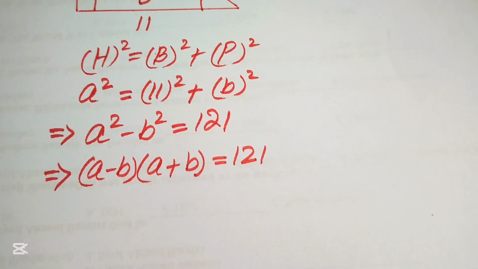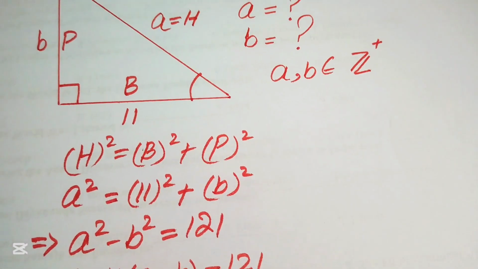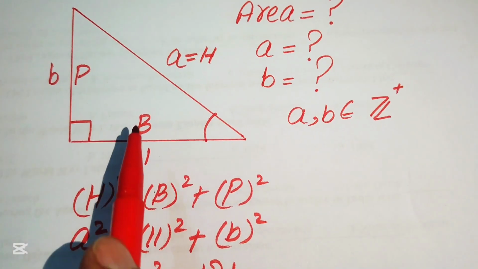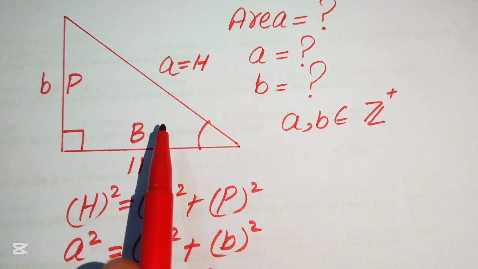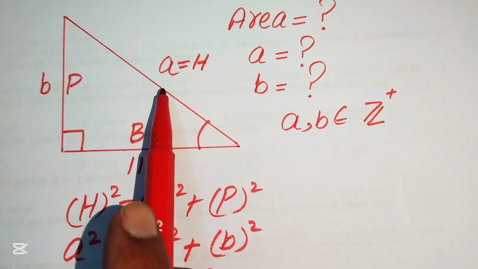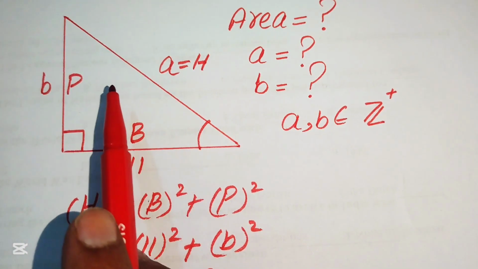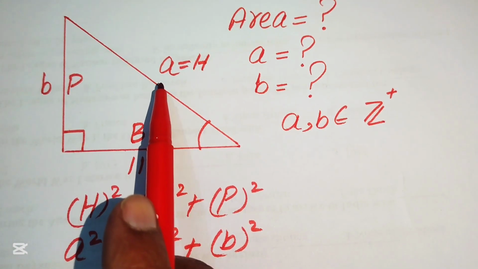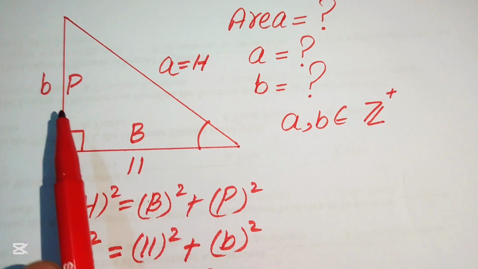121. So here we know in a right triangle the longest side is called the hypotenuse. It means that A is the longest side, or A is greater than the other two sides.